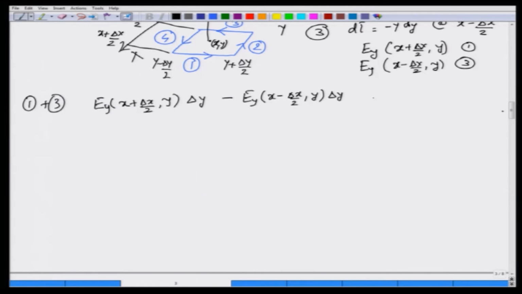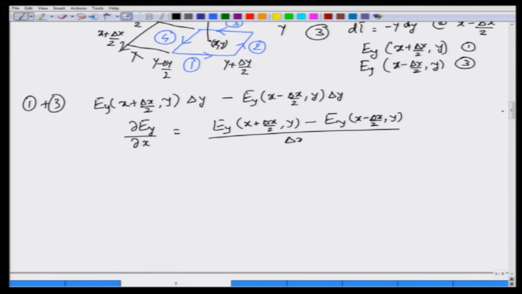If you recall the expression for the partial derivative of the y component of electric field with respect to x, this is precisely Ey at x plus delta x by 2, for whatever value of y, minus Ey at x minus delta x by 2 at the point y, divided by delta x, because delta x by 2 minus minus delta x by 2 equals delta x.